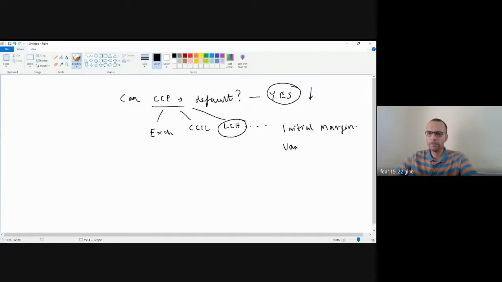We have a variation margin. Then we have a default fund contribution. We have a members equity.